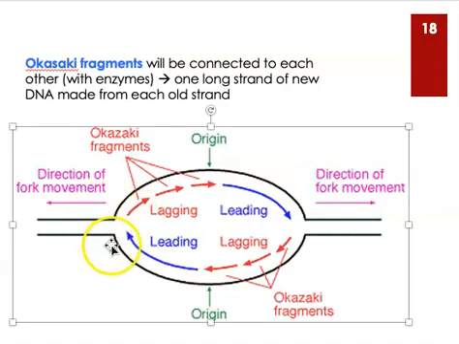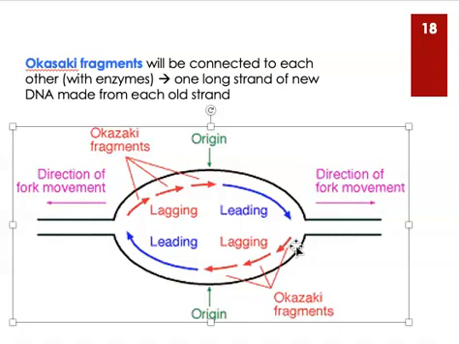As this side of the replication bubble opens more and more, in other words, as the fork continues to move in this direction, the enzyme is forced to jump backwards and then move in this direction, making the new DNA. So in this region and in this region, the new DNA gets made in fragments.